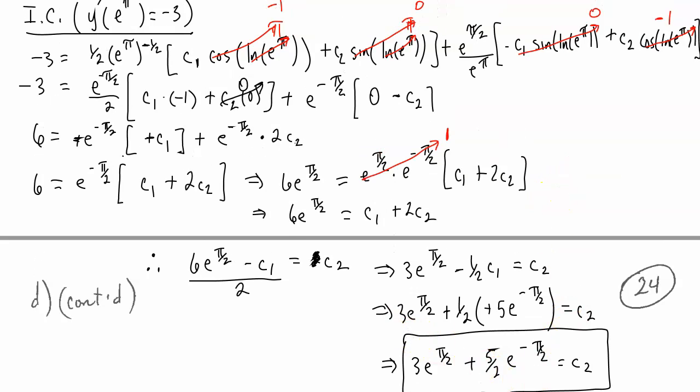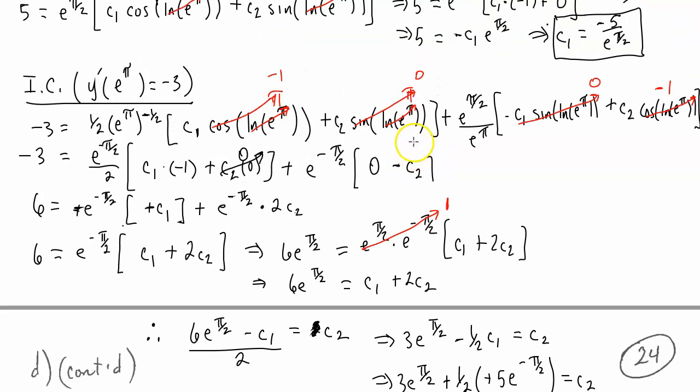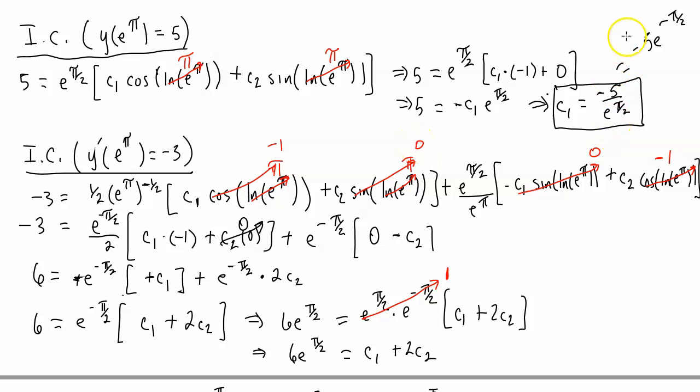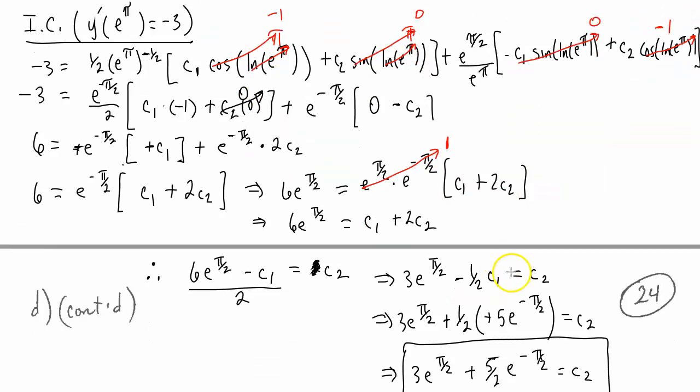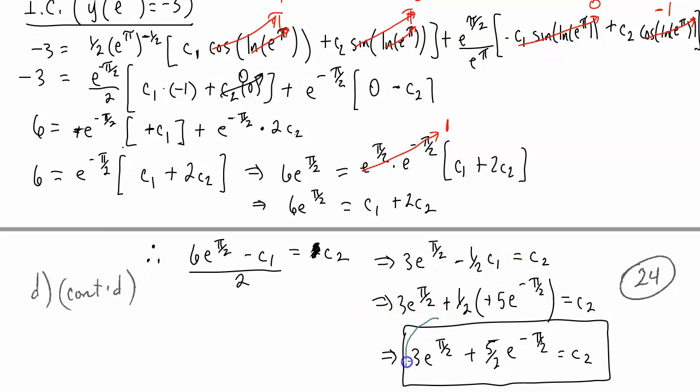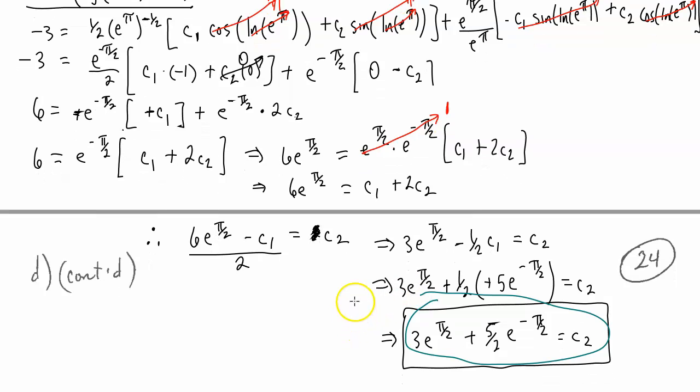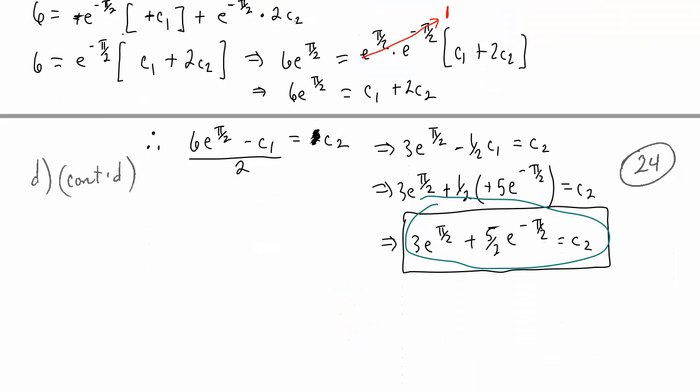So to kind of recap here, we found c1, and I'm just going to say c1 was this, make it easy. And we said c2 was what we found here. And so now we will just go ahead and finish up.